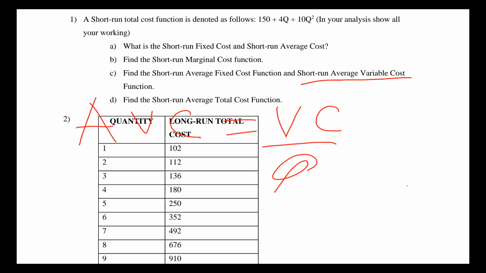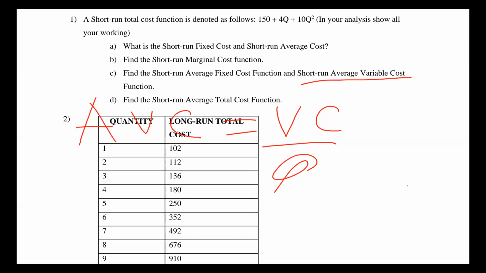These are costs that change with the level of output. Okay, thank you. So the costs that change with the change in the level of output, right? When the level of output changes, those costs also change.